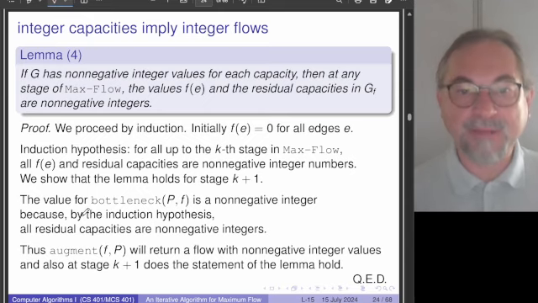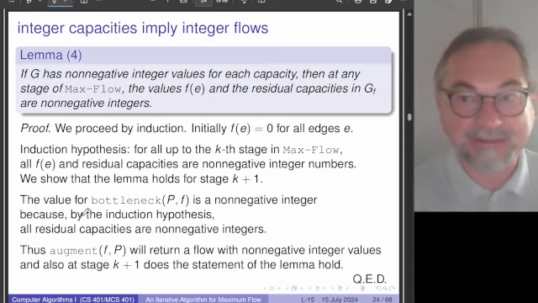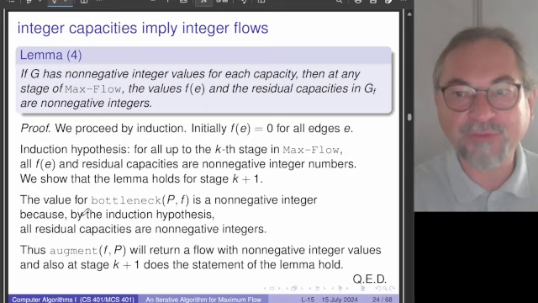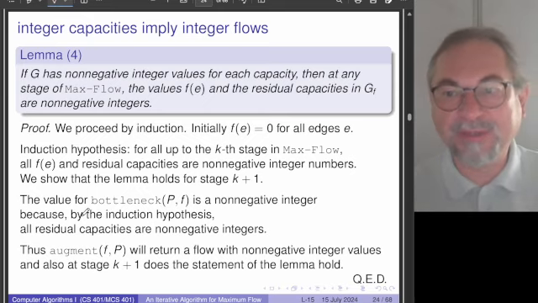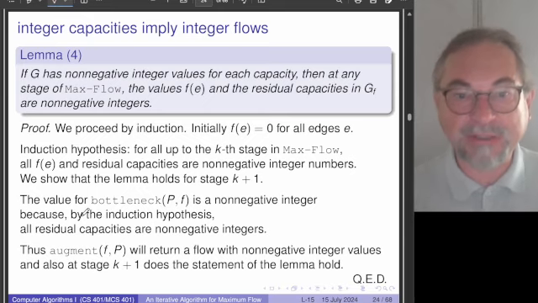It's also very important that all the capacities are non-negative, and we preserve the capacity conditions in our new flow. So we will never see negative numbers anywhere.